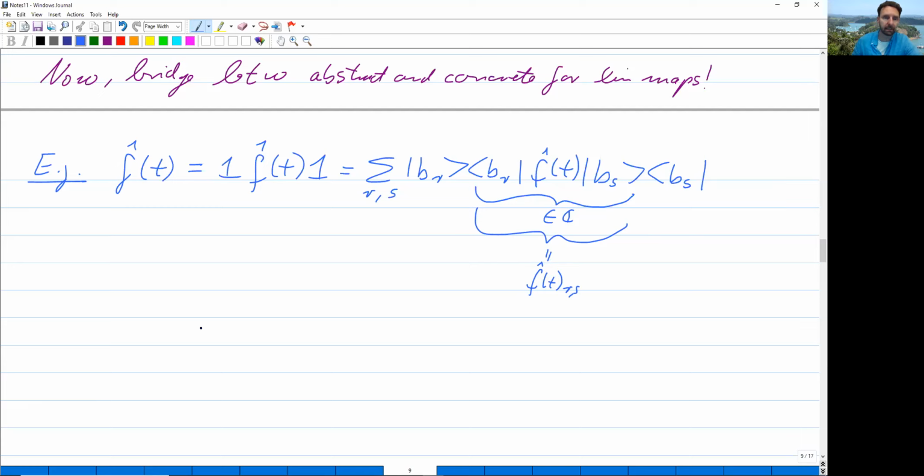So we can write f hat of t as the sum over r and s of f hat of t_rs, b_r b_s.